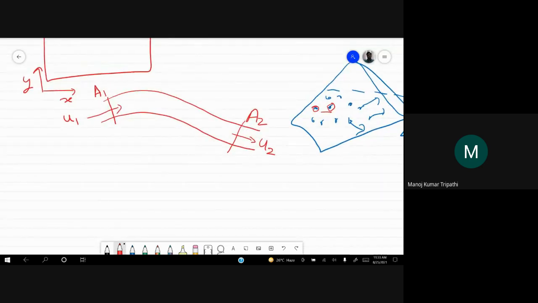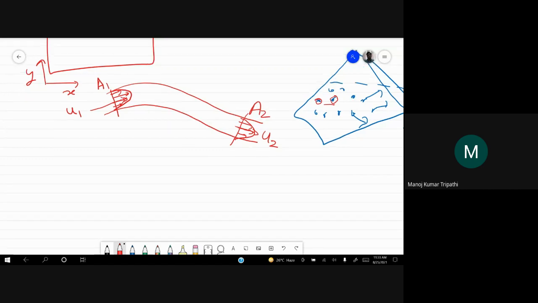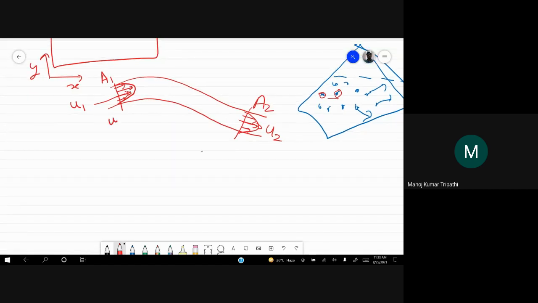Now let's say the velocity is different at each point in the cross section itself. Like I showed you earlier, if it is a pipe, the velocity profile is a paraboloid. In 2D, it is a parabola. And here also like that. Now here you can express velocity as a function of the vertical coordinate. Let's say this coordinate is some eta, or zeta, or xi.